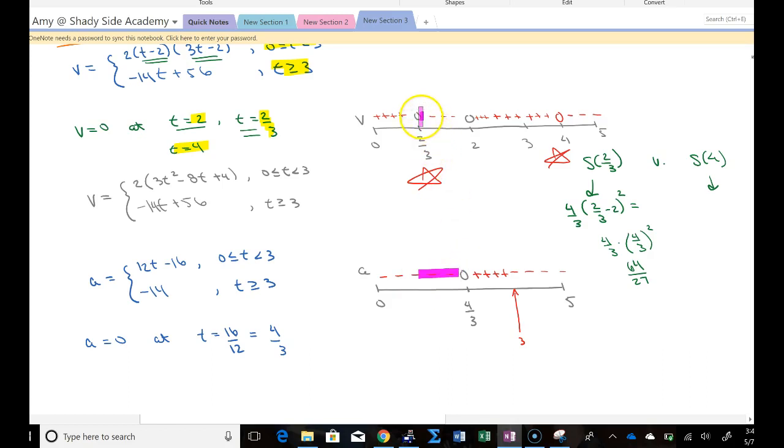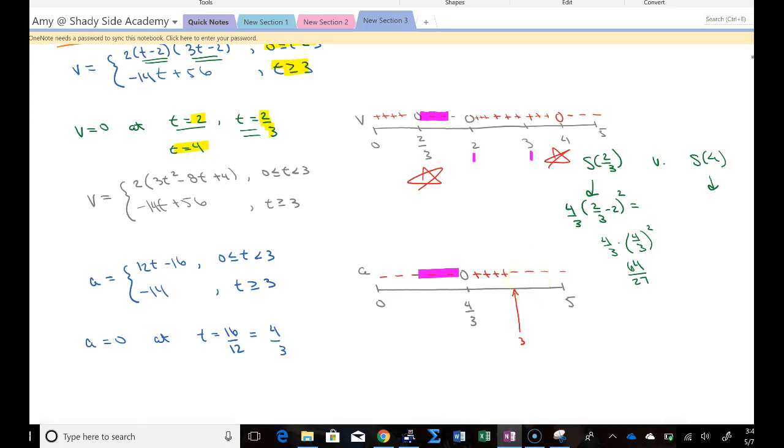Look at that. From 2/3 to 4/3, A is negative and V is negative. Now, A starts getting positive at 4/3, and V is positive at 2. So that means from 2 to 3, because 2 is bigger than 4/3, the particle is also speeding up.